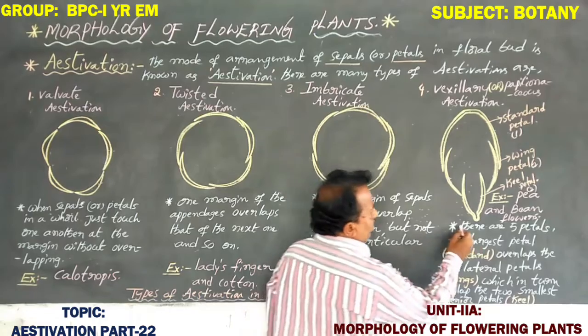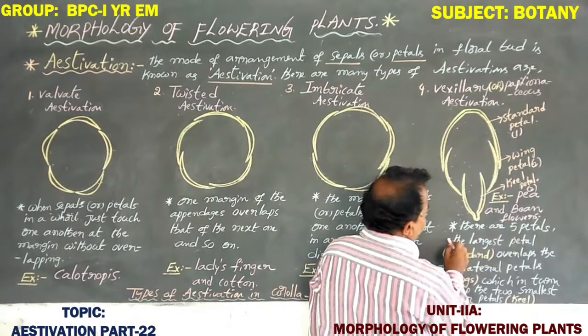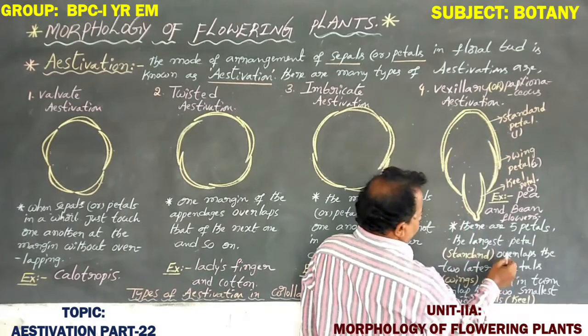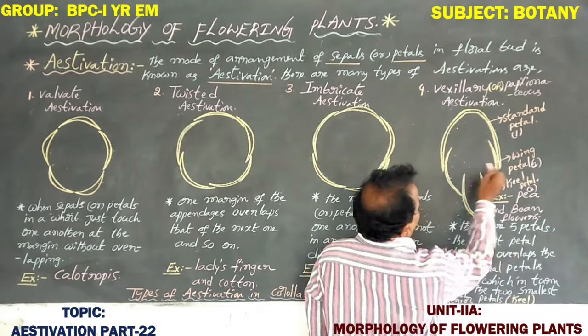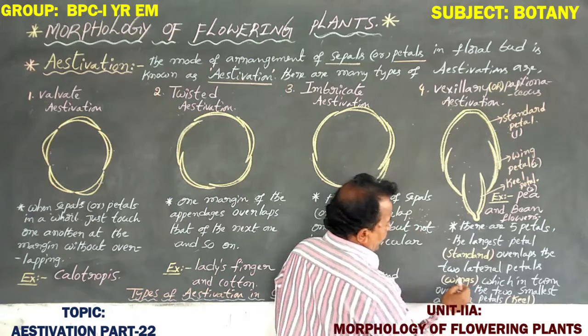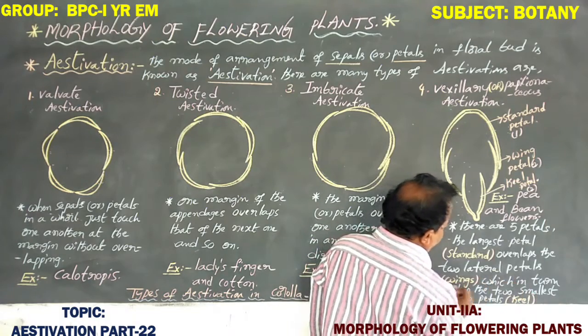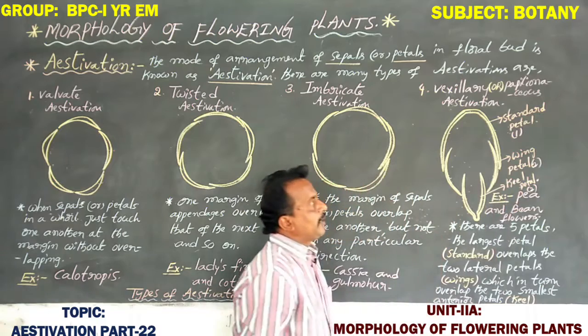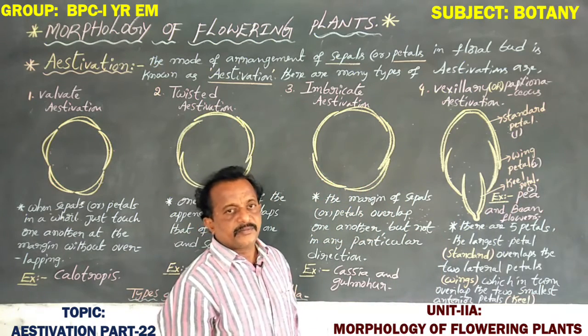Okay, now there are 5 petals. One is the largest petal, that is the standard petal, and it overlaps the 2 lateral petals, that is wing petals. The wing petals in turn overlap the 2 smallest anterior petals, known as keel petals.